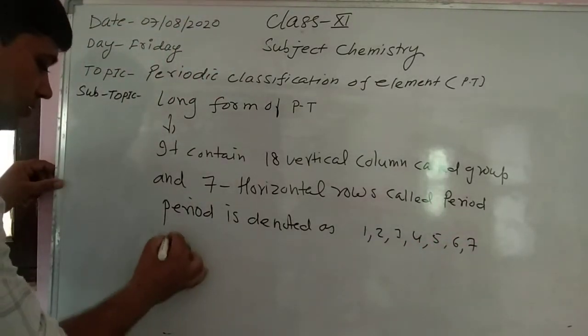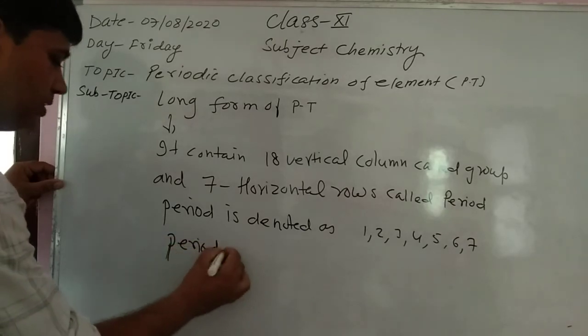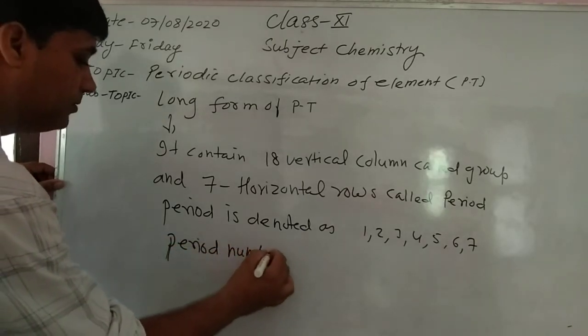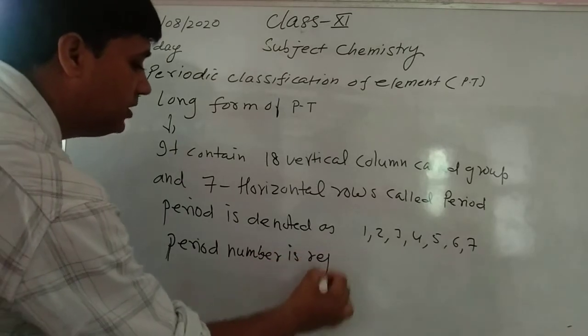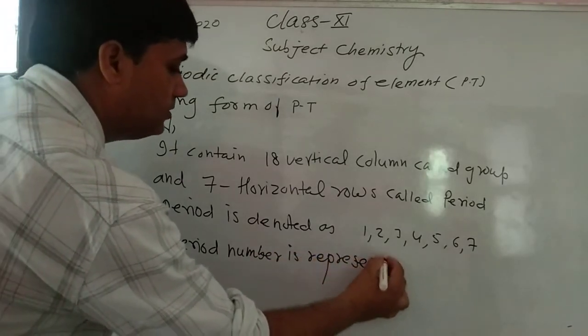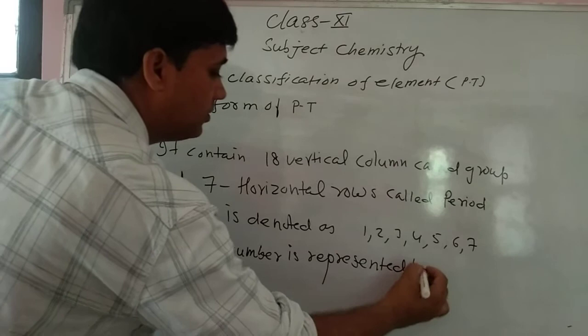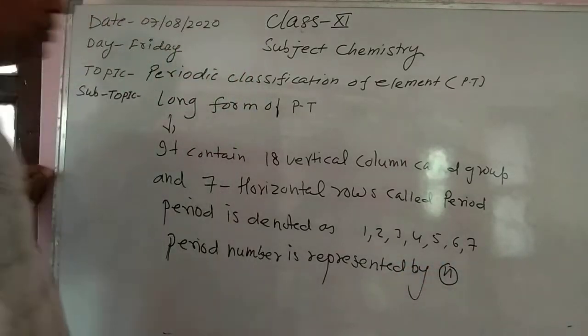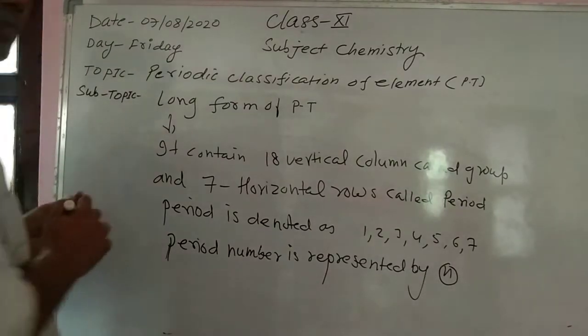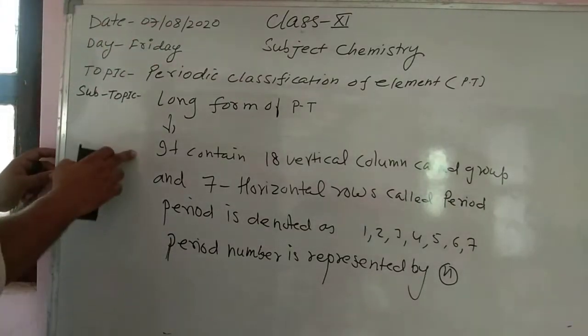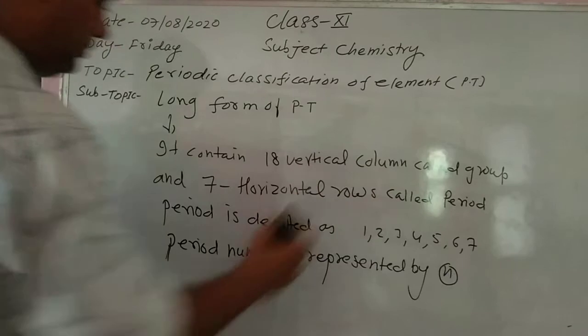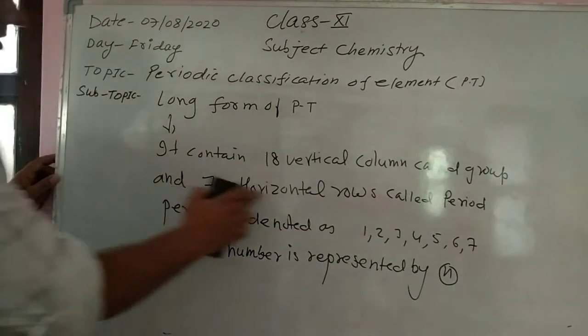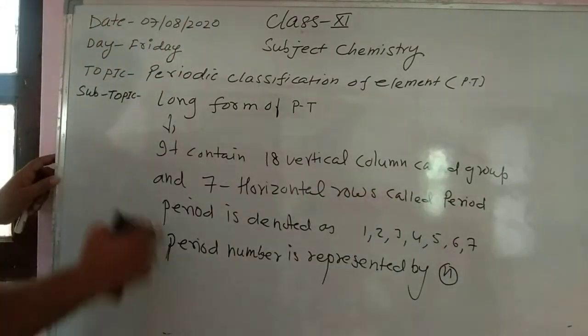The period number is represented by n. n is known as the principal quantum number. So it contains 18 vertical columns, which are known as groups, and 7 horizontal rows, which are known as periods.